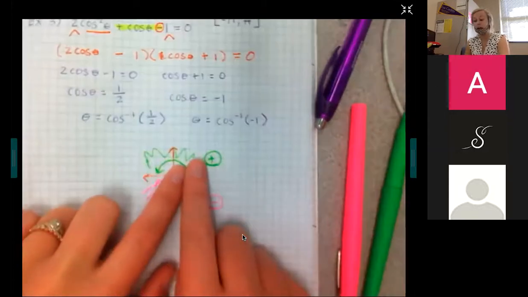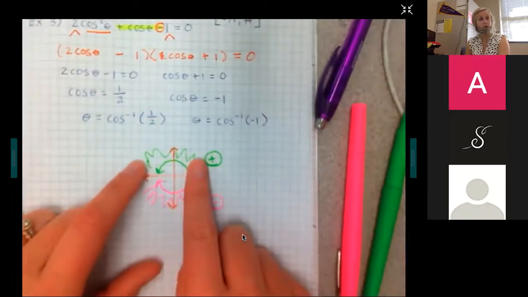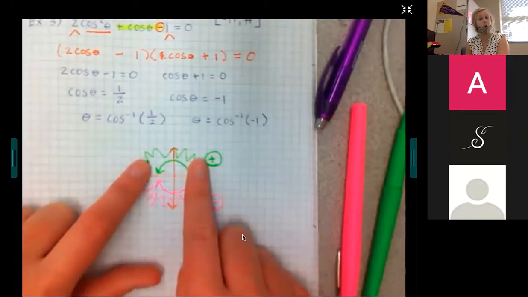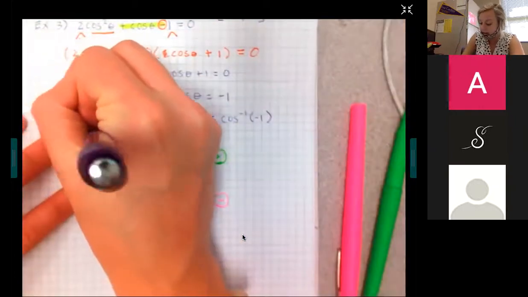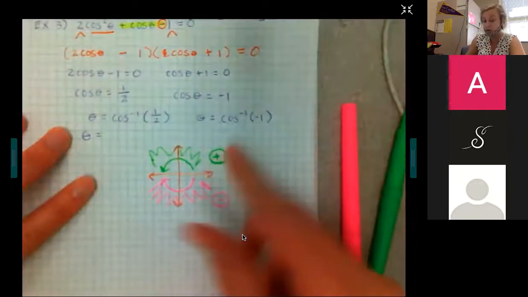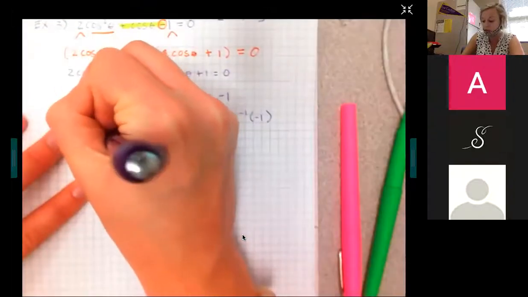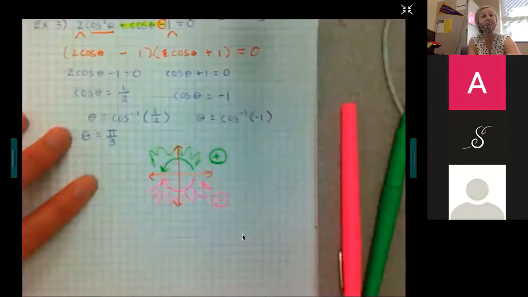Now, can we have a positive 1/2 in quadrant 2 for the cosine? Nope, the x's in quadrant 2 are negative. So does everybody agree that the positive angle is just in quadrant 1 and it's pi over 3?